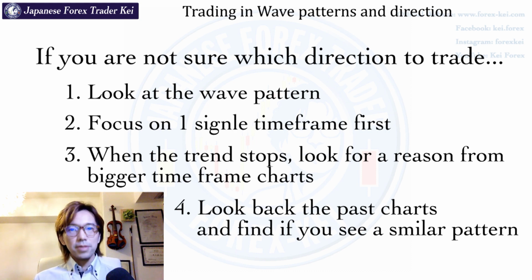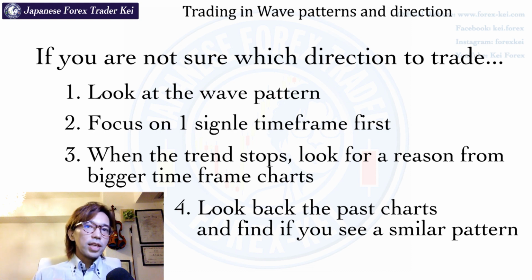And when it collapses, look at bigger time frame charts and look for the reason why the trend stopped at that place. Then look back the past charts and find if the same pattern can be found in the past on that particular pair. And usually you can find similar patterns in the past, so get as many cases as possible and come back to the current chart and try to expect what can happen next according to what you've seen in the past.